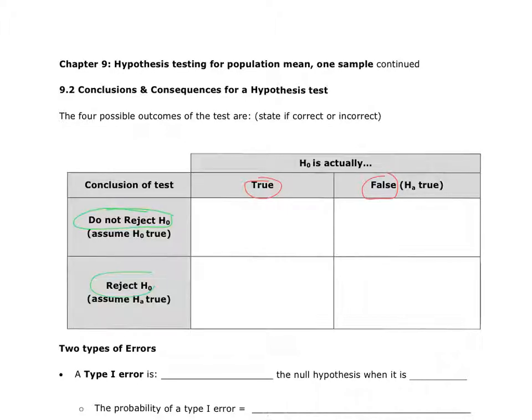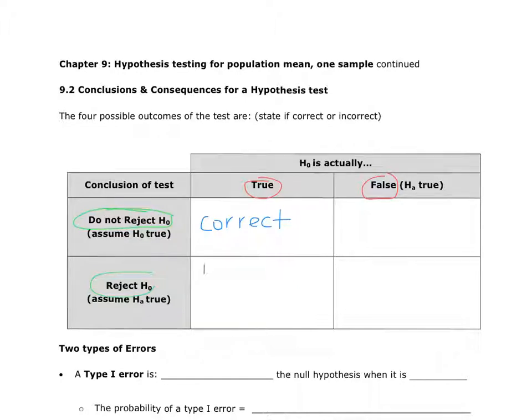Okay, so let's look at this assumption that the null is actually true. Now, if it is true and we do not reject it, then that is a correct conclusion. The null is true and we have not rejected it. We've said that there is not enough evidence to reject that hypothesis. If we are still under the assumption that the null is true, but we reject it, then we have made an error.